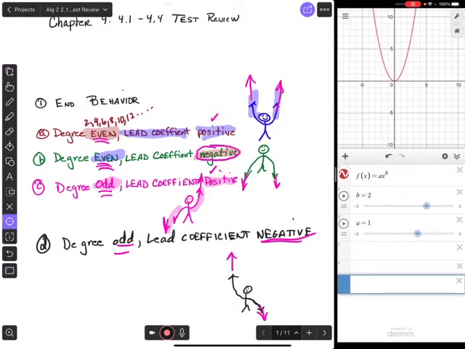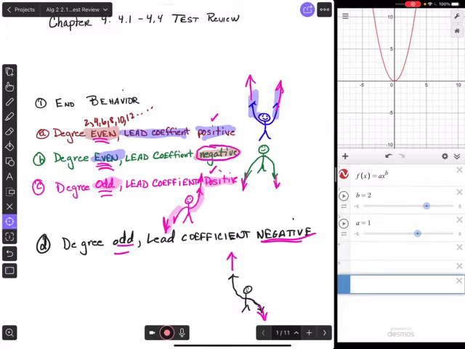And then on the other side, if it's odd, the right-hand side goes down, left side goes up.